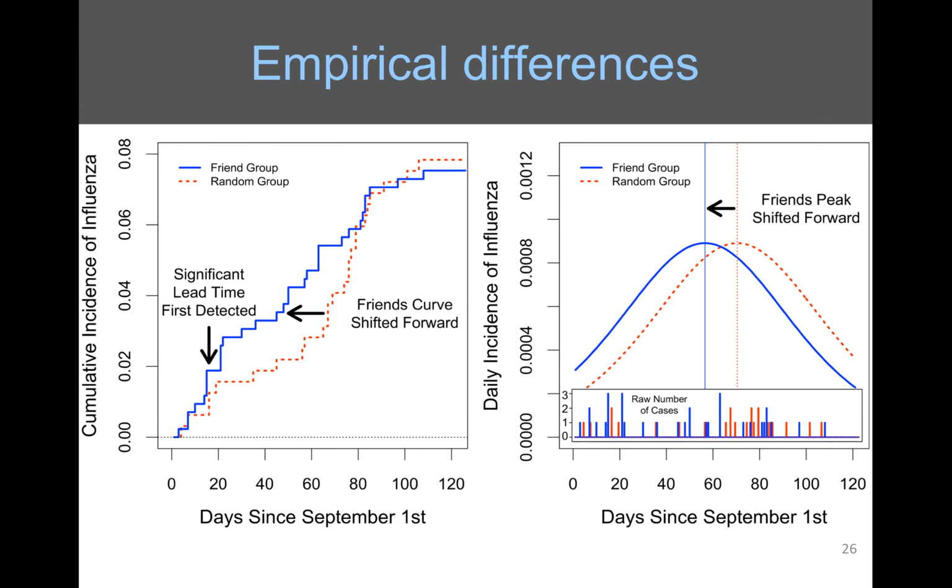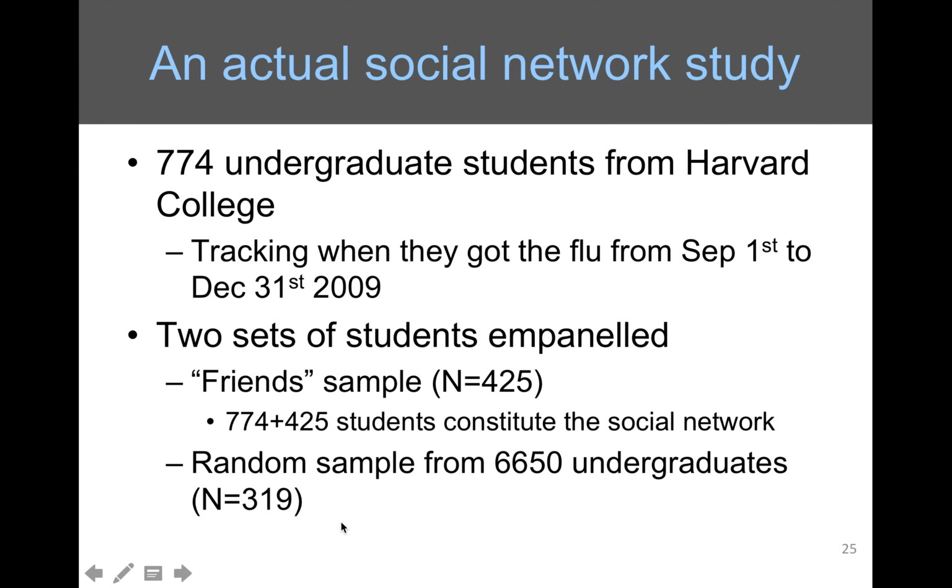They tried to see how many people got influenza during that semester that they were studying. They tracked this random group, and then they tracked the friends group.